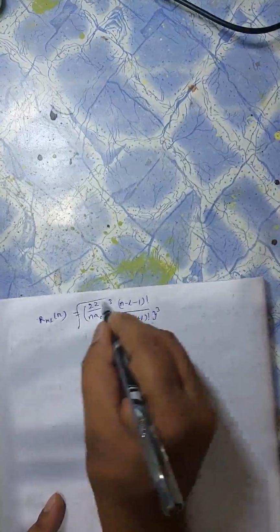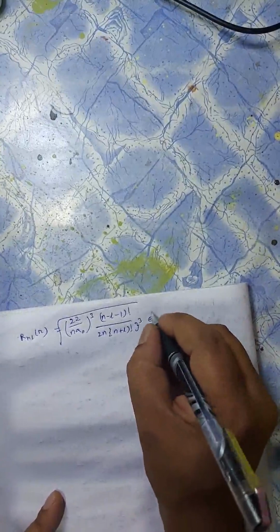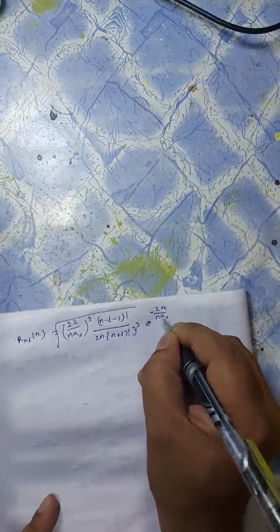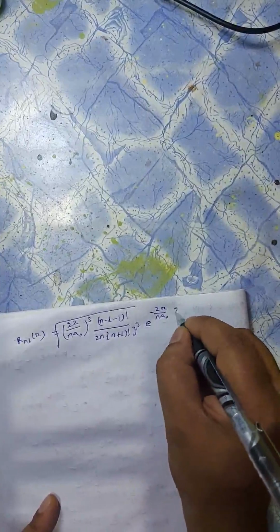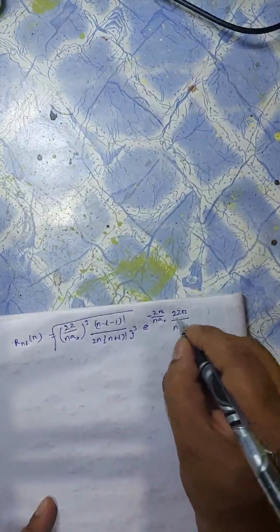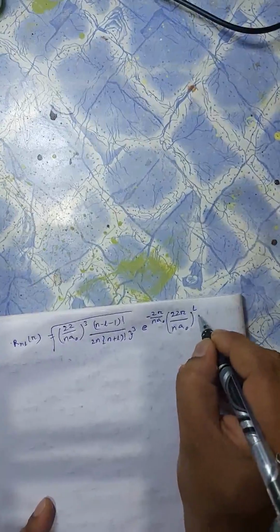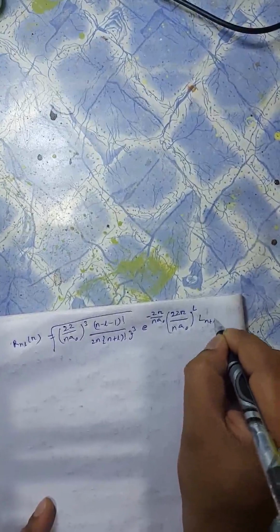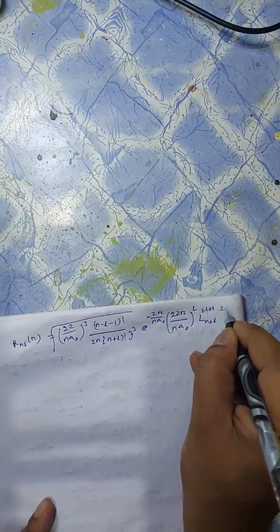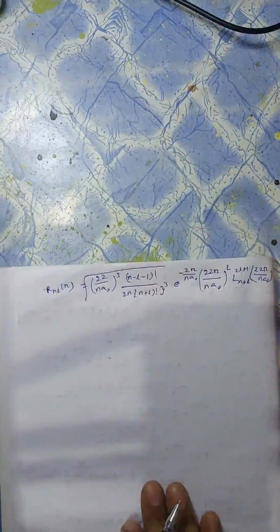This is to the root over, because C squared is this much, then whatever is remaining we have to put: e to the power minus Zr by n a0, then 2Zr by n a0, this one is x, we have to take to the power l, then L(n plus l)(2l plus 1), in place of x we write 2Zr by n a0. This is called the solution of the radial equation.